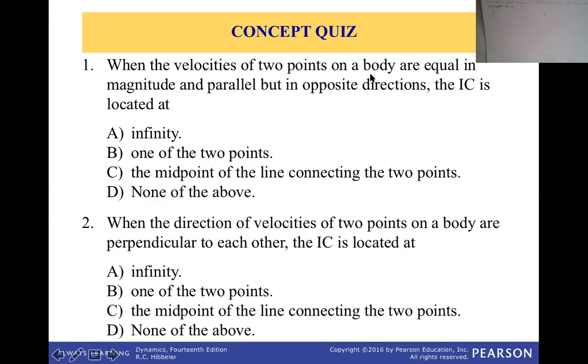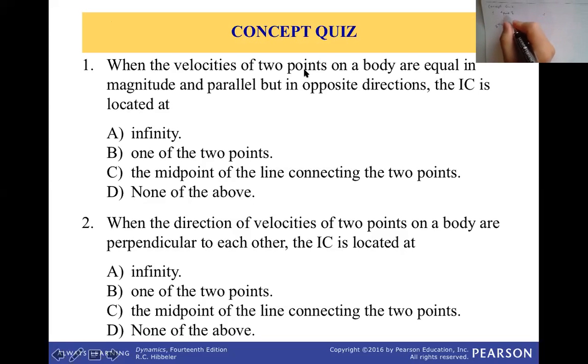The first one says that velocities of 2 points on a body are equal in magnitude and parallel, but in opposite directions. So this is the scenario we just checked earlier, but this time you have, say, A and B like that, and velocity is VA in that direction and VB in that direction.